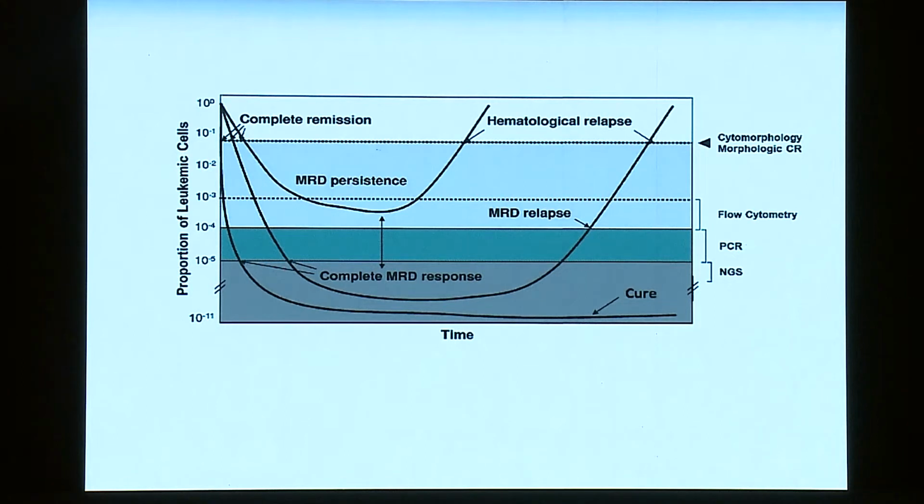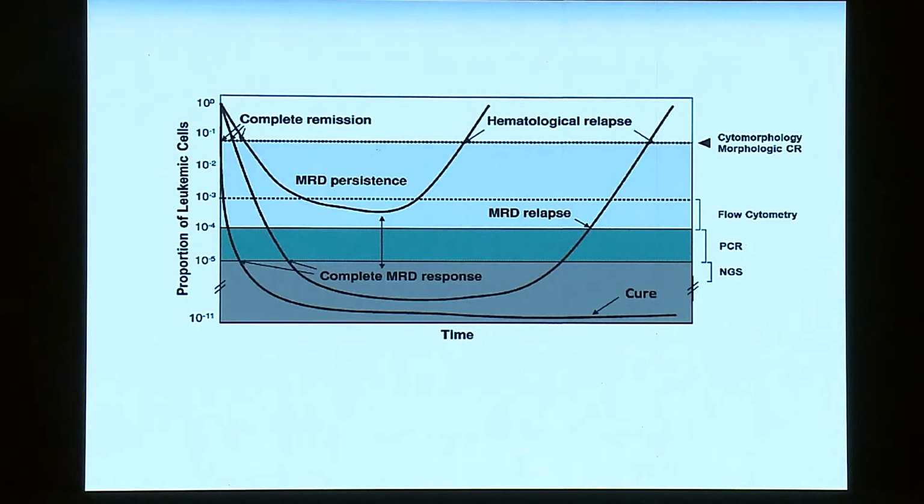And in the middle, we have those patients who achieve good remission and negative MRD for some time, and then relapse. Those are the patients we don't know what to do with: how frequently we need to do the MRD, and what modality we use.